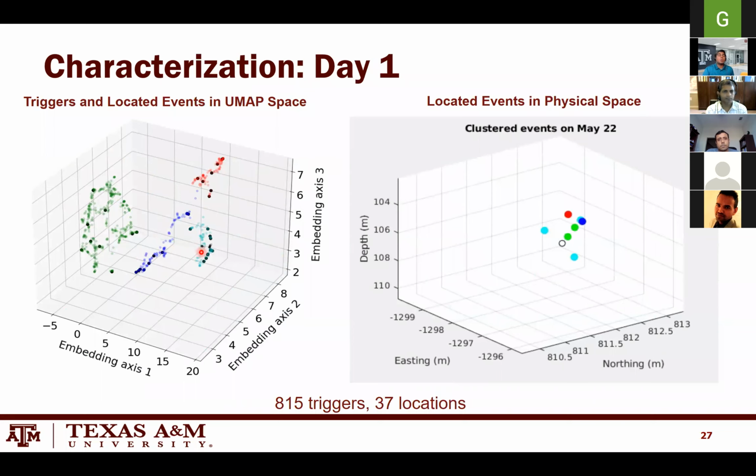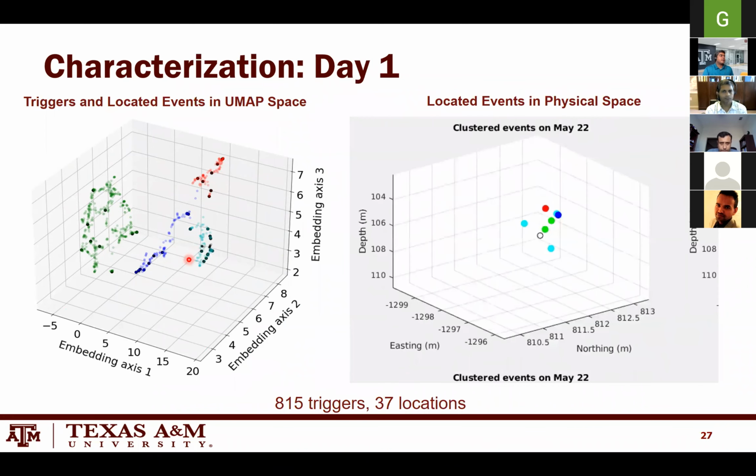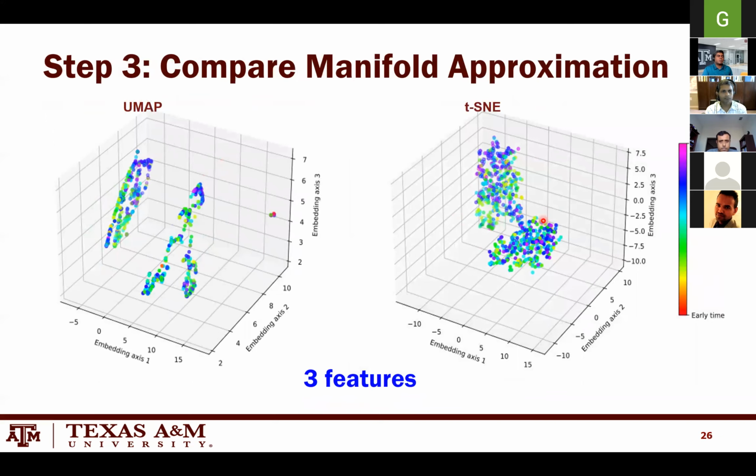This is not supervised learning, which means we don't know what these clusters are right now. These clusters are being generated based on an unsupervised approach. To see these clusters, we used UMAP, and UMAP helped us separate these different clusters, and then we started describing the meaning. When we applied frequency-based features or statistical-based features, we were not able to generate such clusters. What we ended up with is mostly blobs, no matter what we tried.